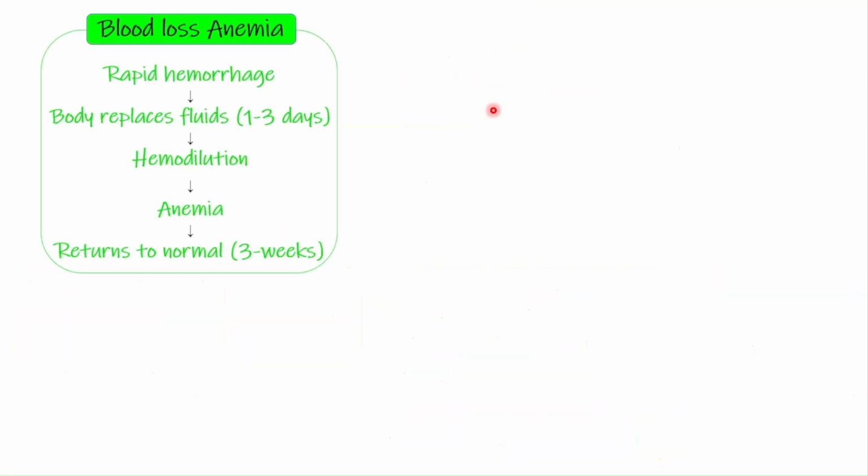Now let's discuss a few other points regarding anemia. So now we have blood loss anemia. For instance, if someone suffers from a car accident and there is rapid hemorrhage and he goes to the hospital, how does the body respond? The body replaces the lost blood with fluids immediately, in 1 to 3 days.